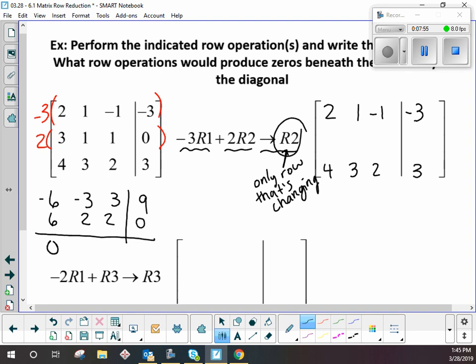And then I'm going to add those. So this is negative 3 row 1, 2 row 2. I'm adding them. I have 0, negative 1, 5, 9. And where is this going to go? My new row 2.